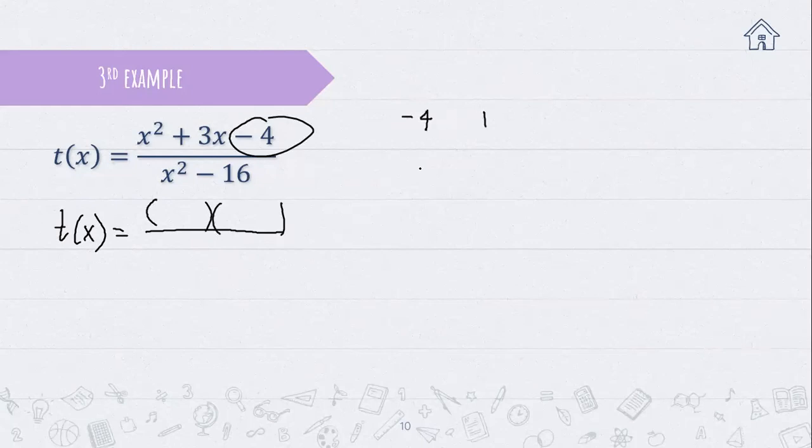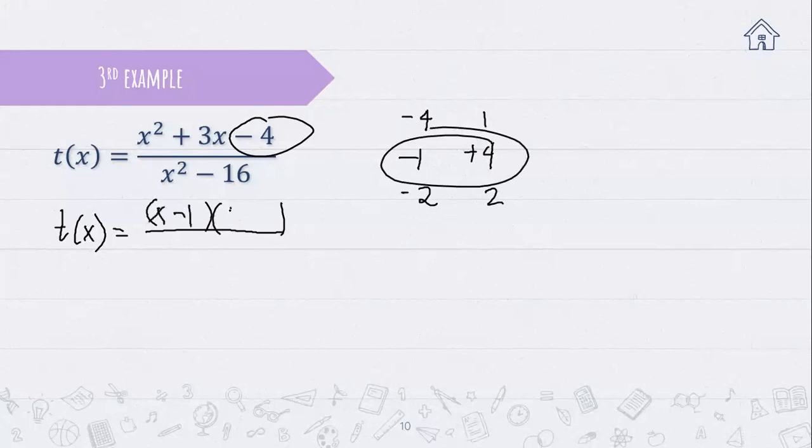Okay, negative 4 and 1, 1 and negative 4, negative 2 and 2. Yan lang. Saan sa tatlong factors na to na kapag pinag-add natin dalawa, sagot natin ay positive 3? Negative 1 times positive 4 po, sir. Ayan. So, itong pangalawa. So, x minus 1 and x plus 4.